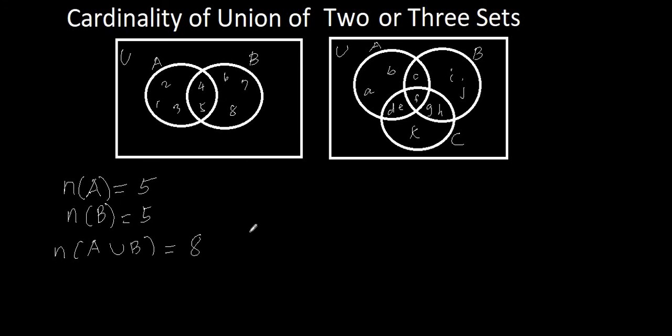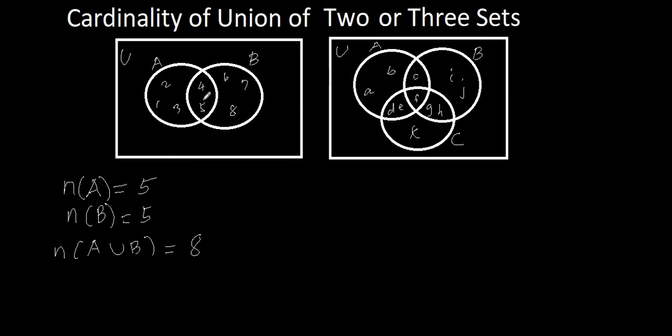Now observe that the cardinality of A is 5, the cardinality of B is 5, and the cardinality of the union of set A and set B is 8. Why is it not 10? Now think of it. The reason is the cardinality of the intersection.